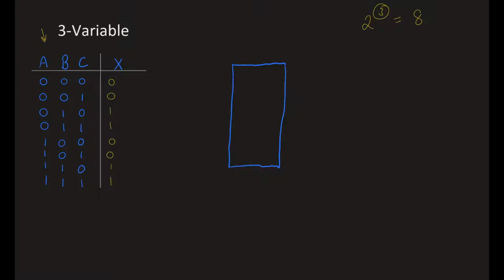I want to cut it vertically once, and cut it in half 3 times horizontally. Sounds backwards. Okay, now we have 8 squares. On the left, we represent both A and B, and vertically, we represent C.